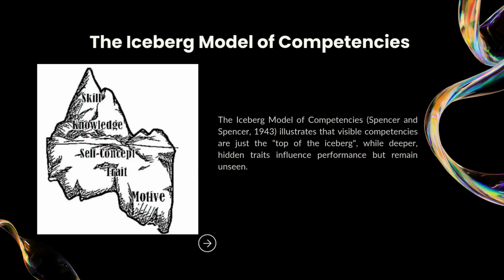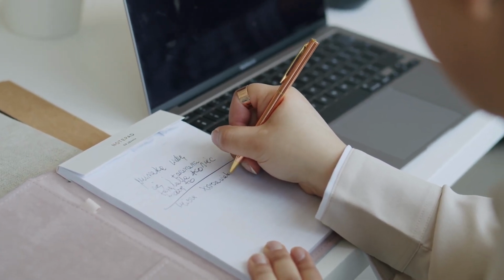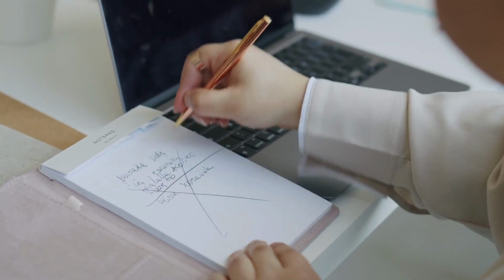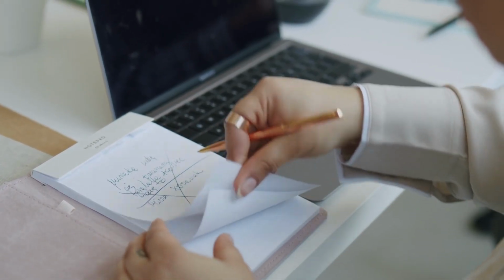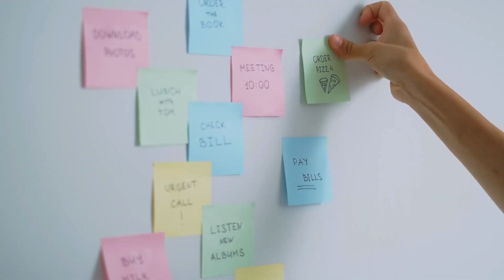Iceberg Model of Competencies by Spencer and Spencer, 1943. The iceberg model of competencies illustrates that visible competencies are just the tip of the iceberg, while deeper, hidden traits influence performance but remain unseen. Above the surface, or the visible part, are knowledge, such as facts, theories, and information, and skills, including learned abilities such as technical or communication skills.